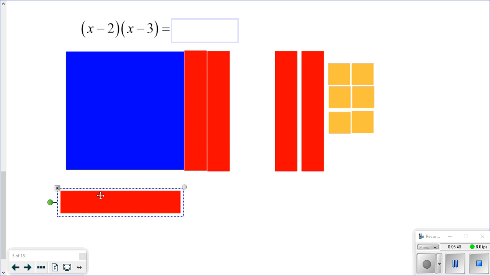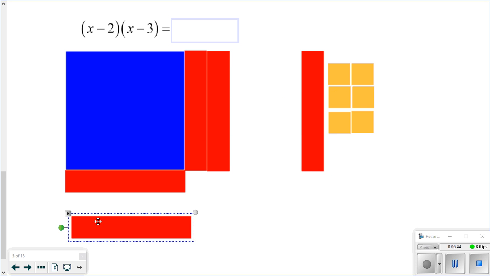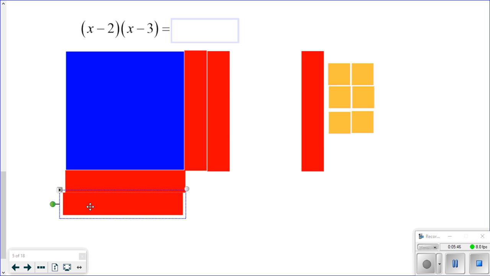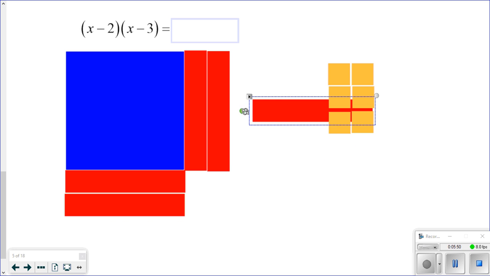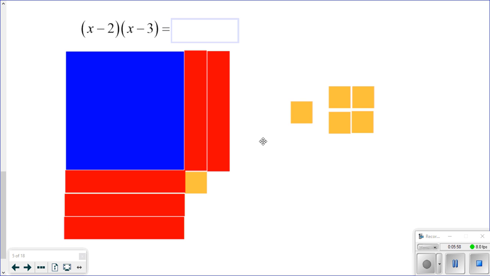Remember, it doesn't matter where your 2 and 3 go. And then I want to take these single yellowish ones and fill them into the empty spaces.